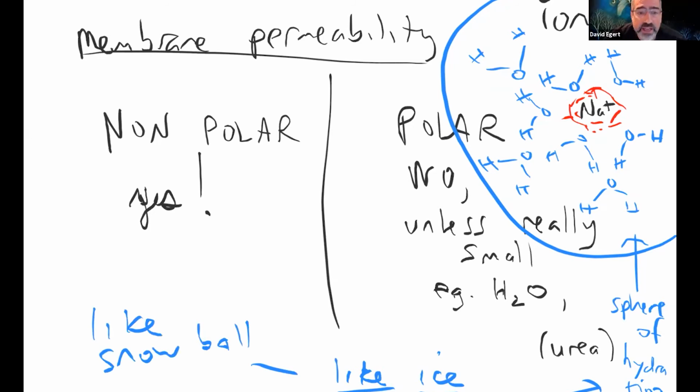So rather than having an individual little polar atom, effectively you've got this big snowball that is all gathered around that.